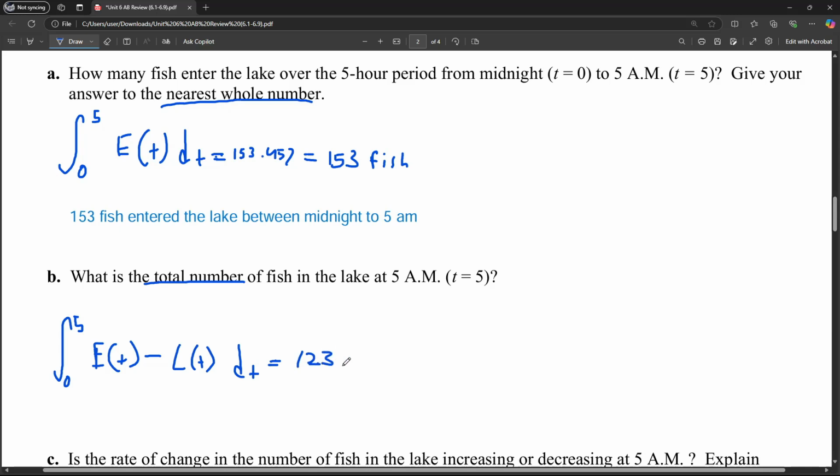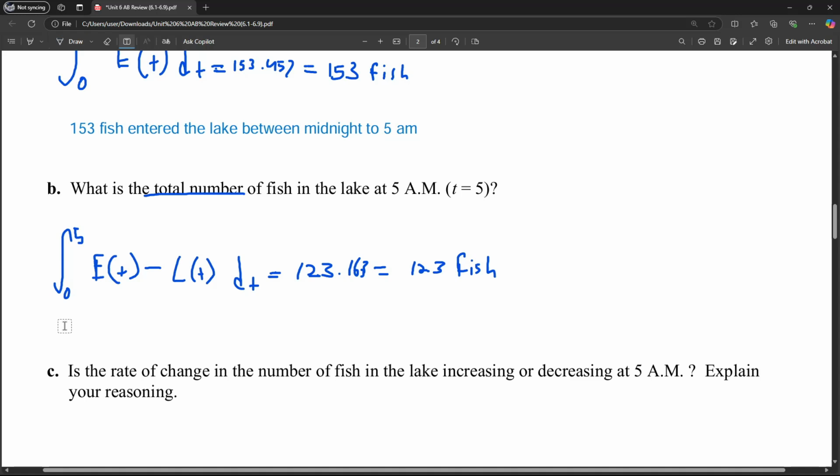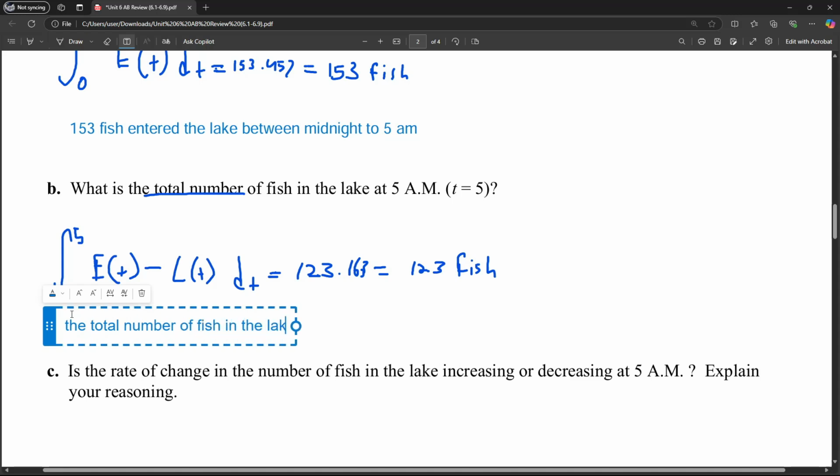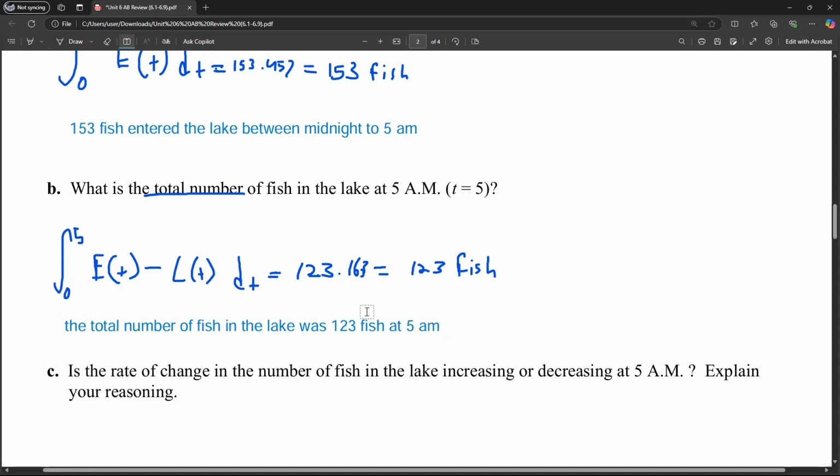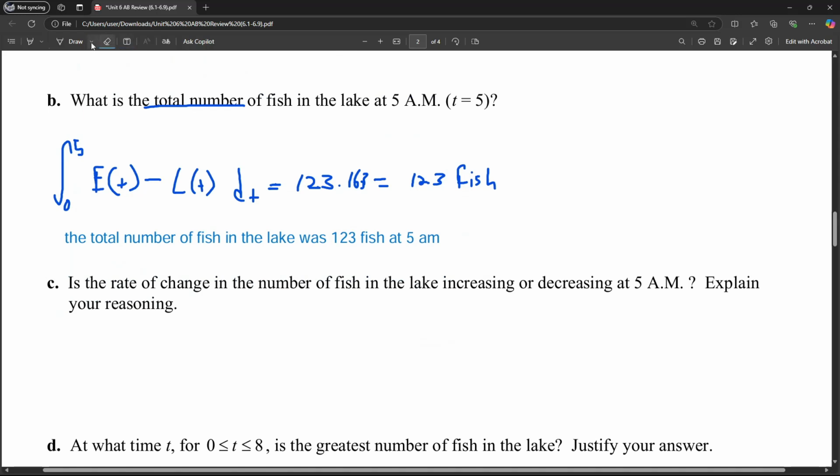I think that's it. And then just round that to the nearest whole number, and then you get 123 fish. So the total number of fish in the lake was 123 fish at 5 a.m. Something like that. Okay. So now we're going to go into part C.